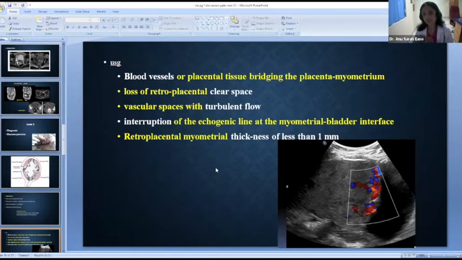And if it extends beyond the myometrium, it can even interrupt the echogenic line between the bladder and the myometrium. And the myometrial thickness can be less than 1 millimeter. All this is useful in cases of high clinical suspicion where you think the patient has high risk of developing abnormal placentation.